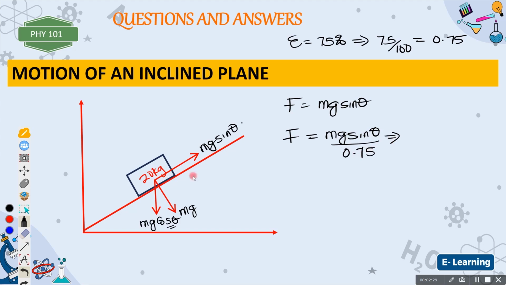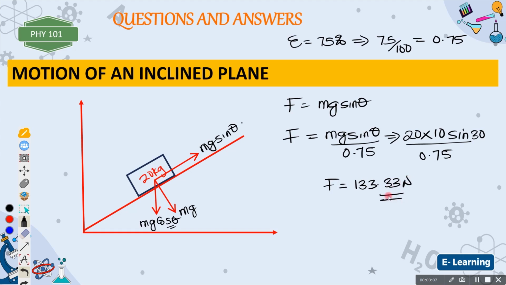Now, if you punch this in your calculator, the mass is 20 kilogram, times g is 10, times sine 30, divided by 0.75. Is that okay? So you are going to press this in your calculator. Any answer it gives to you will be the answer, which is 20 times 10 sine 30 divided by 0.75, which will give us F to be 133.33 Newton.